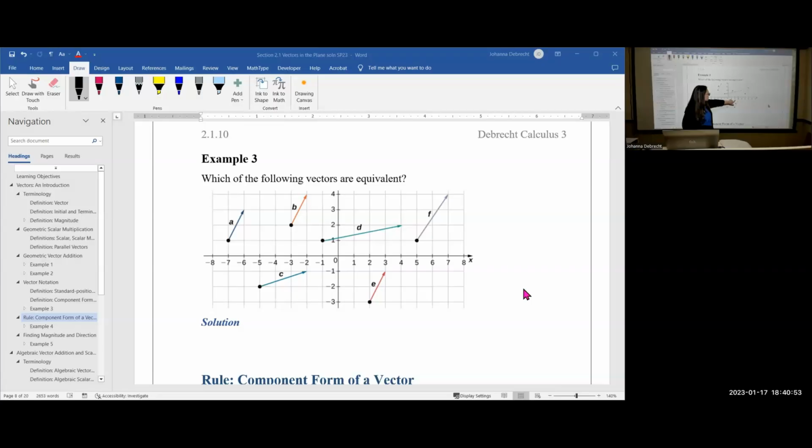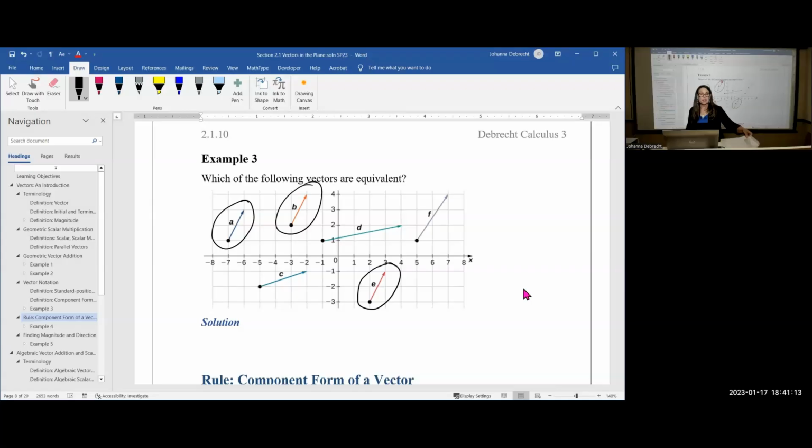But E also goes up 2, right 1. So A, B, and E are all equivalent to each other. They're essentially the same vector, just located in different places. So we would say A, B, and E, if I can quit erasing while I'm writing.